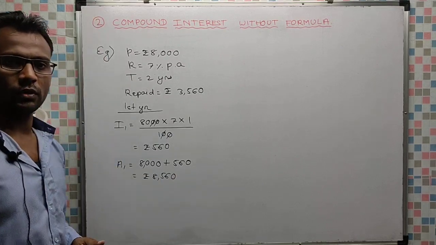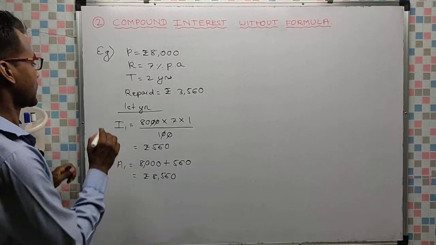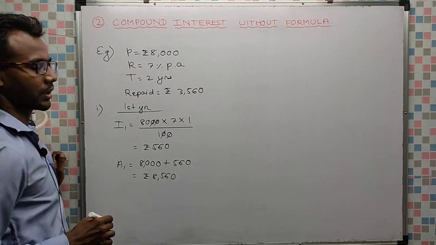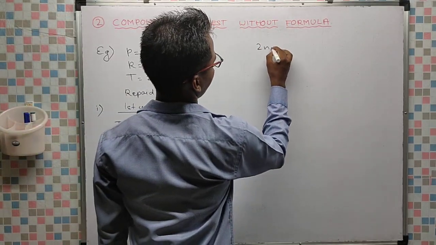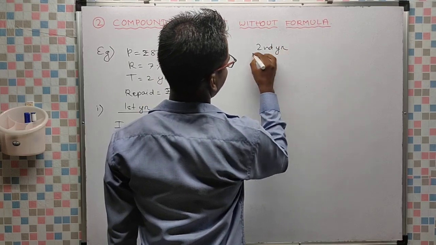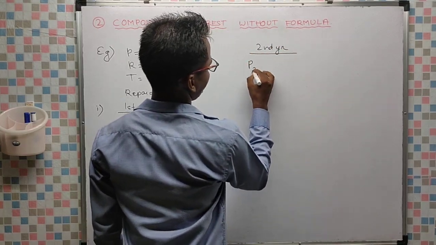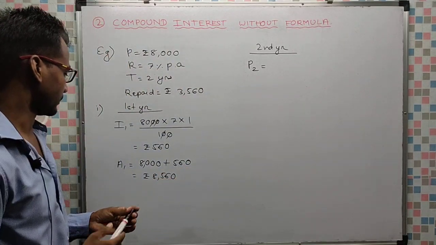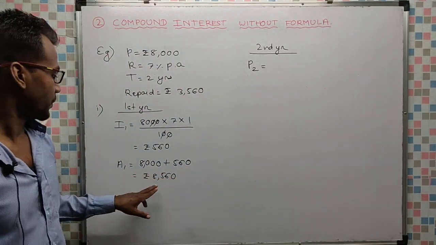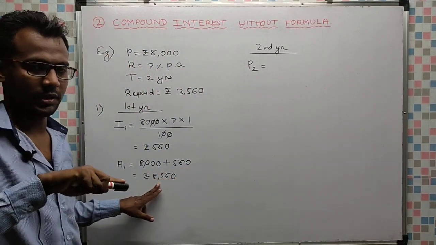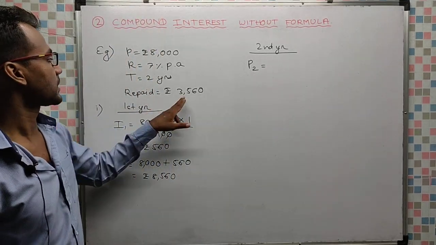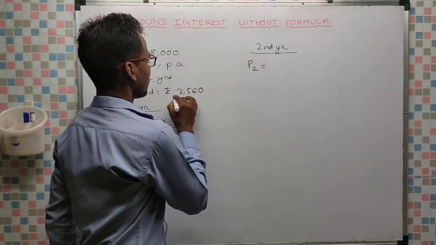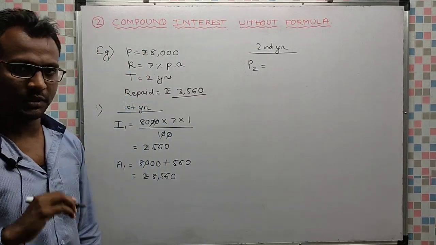Now let us move to the second year. This is the first bit. This amount of the first year should become the principal for the second year, but he is returning rupees 3560 at the end of the first year.